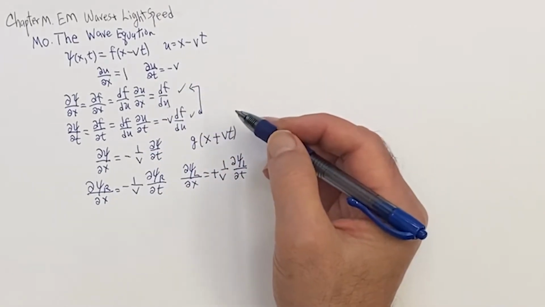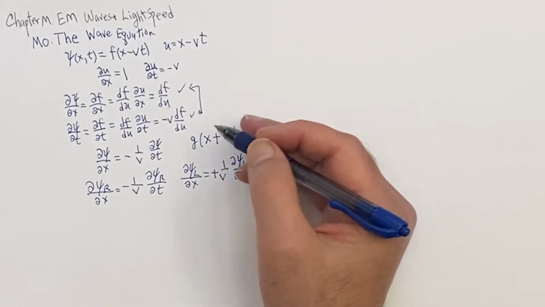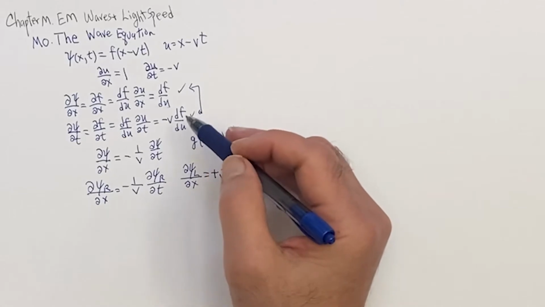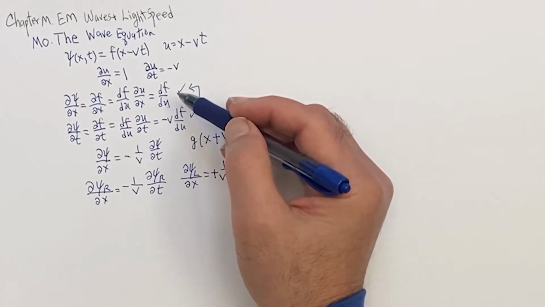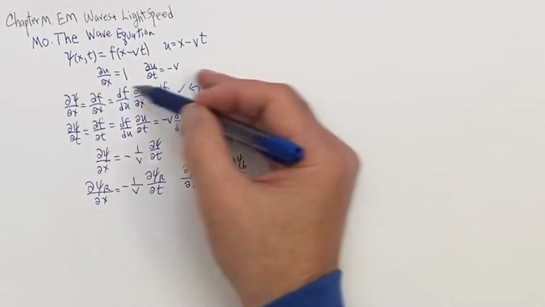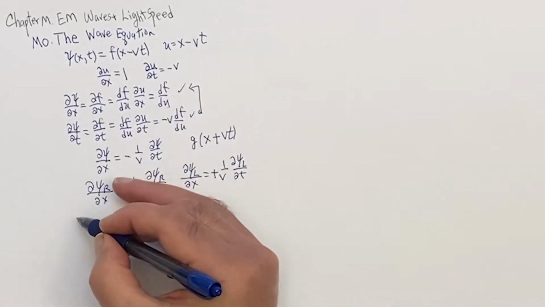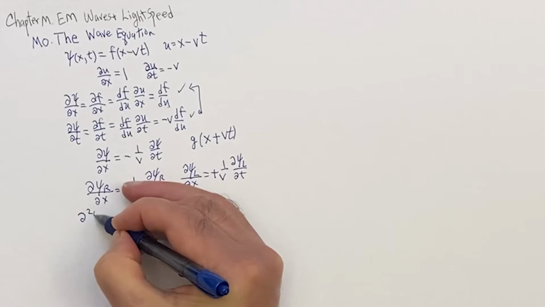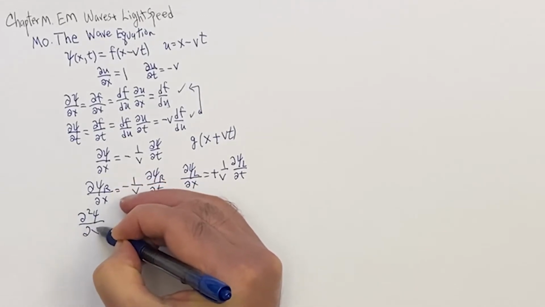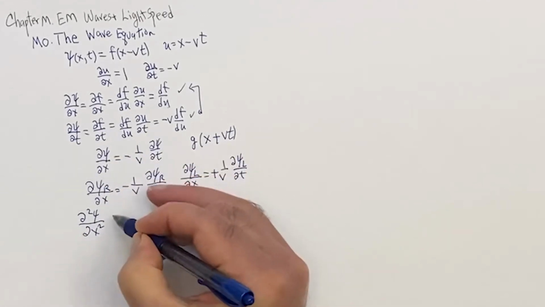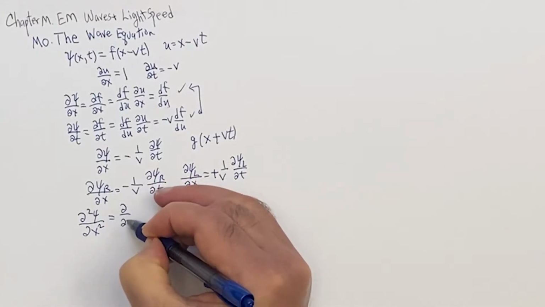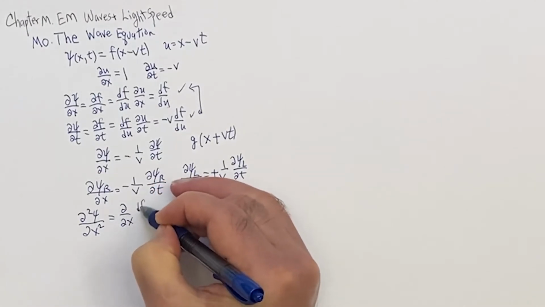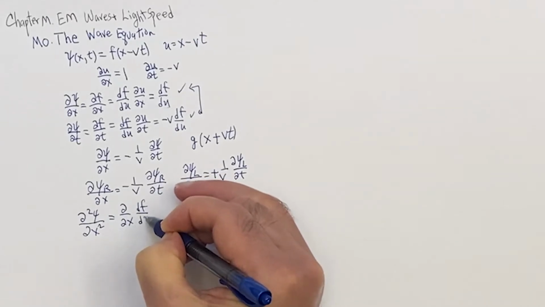So if we continue to take the derivative again, we're going to go back to this step. If we go back to this step and take the derivative again, then the second derivative with respect to x, I would then come in here and I want a partial derivative of x on the df du.